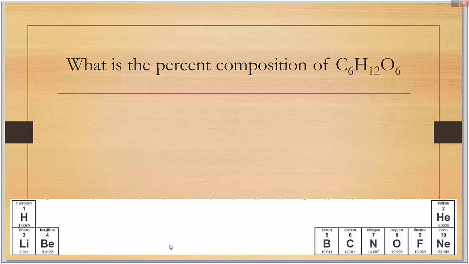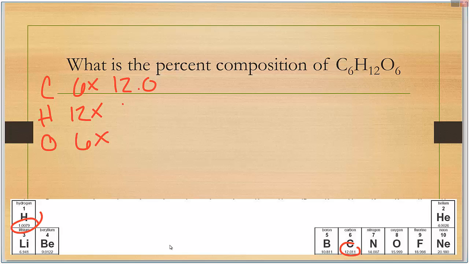Alright, so here's one that's a little bit longer. The percentage of sugar, C6H12O6. We have 3 elements here, carbon, hydrogen, and oxygen. We have 6 carbons, 12 hydrogens, and 6 oxygens. So the carbon is 12.0, which is right here. The hydrogen is right here, 1.0.